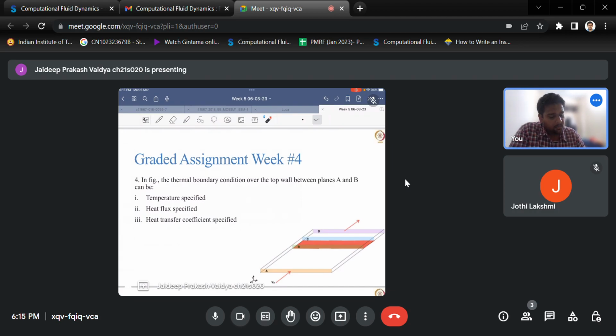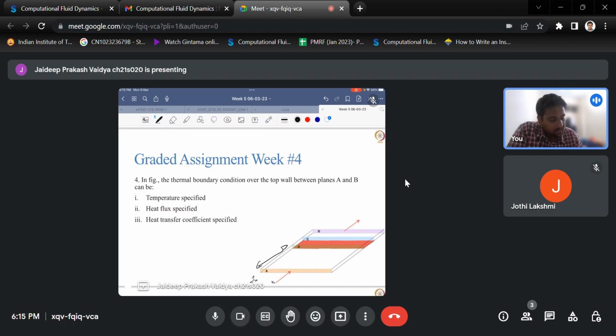Moving on to the next question in the graded assignment, the fourth question of the graded assignment week 4. The thermal boundary conditions, where we said that between A and B we are using it for preheating or pre-cooling. So between A and B, the thermal boundary condition over the top wall can be temperature specified, heat flux specified, or heat transfer coefficient specified?